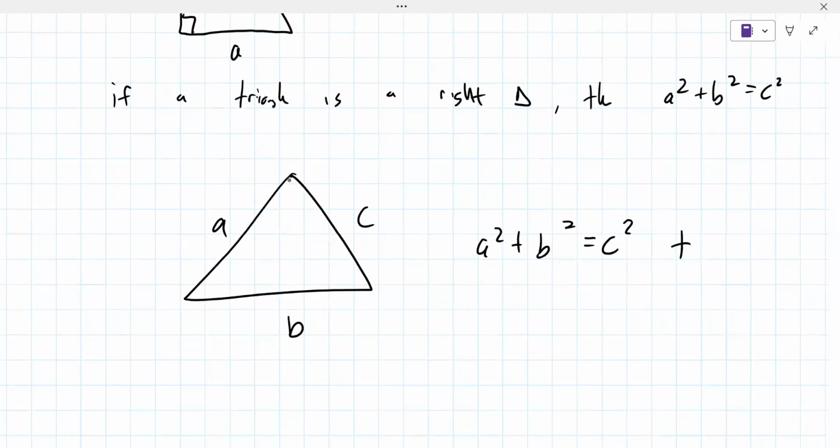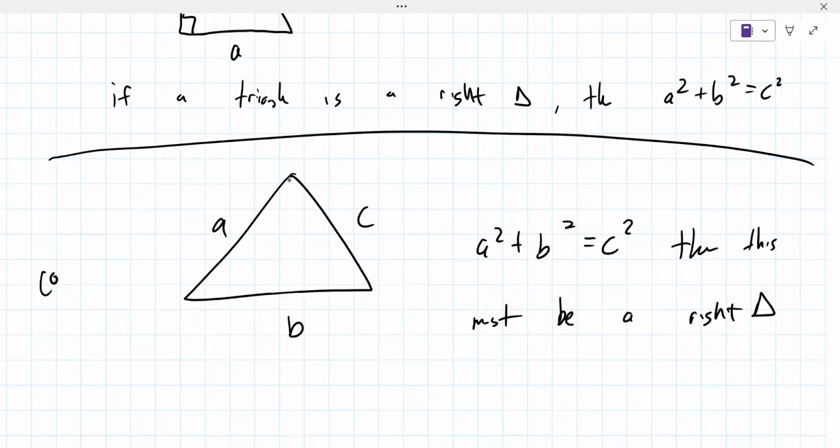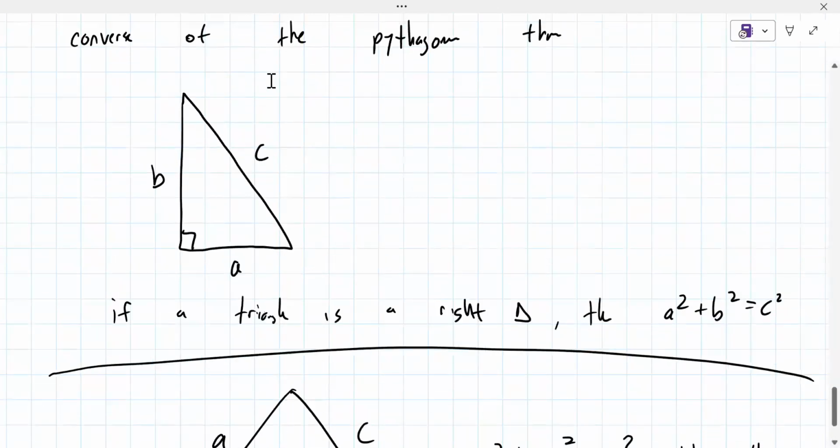Well, therefore, this must be a right triangle. The converse does not allow the presupposition that it's a right triangle, whereas the Pythagorean theorem presupposes it's a right triangle.